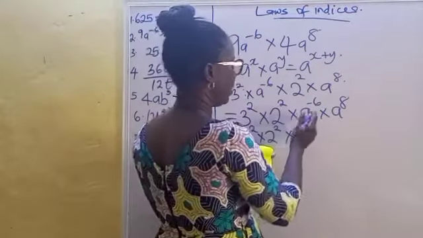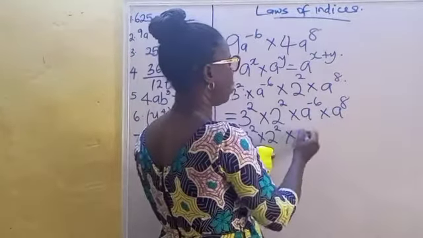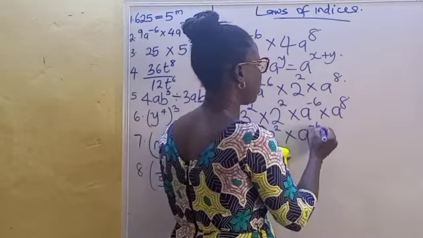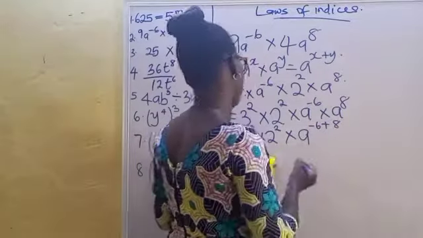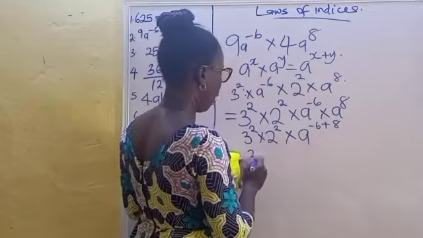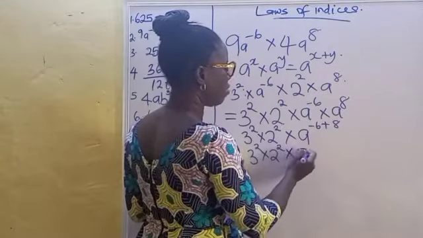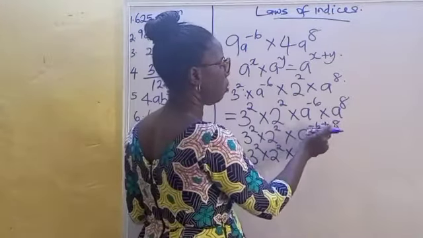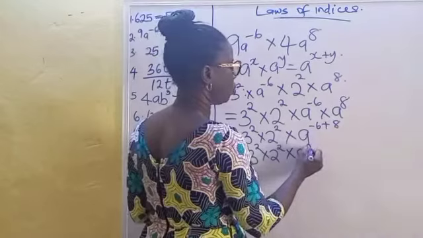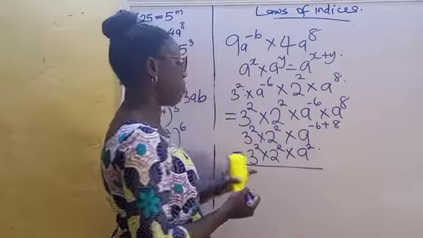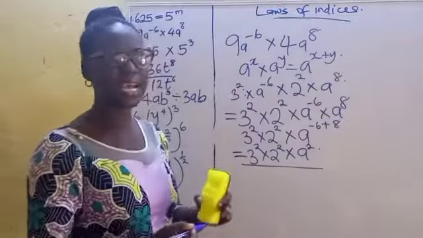The a terms are of the same base, so you apply the addition law: a to the power of minus 6 plus 8, which is a to the power of 2. So we have simplified it in index notation.